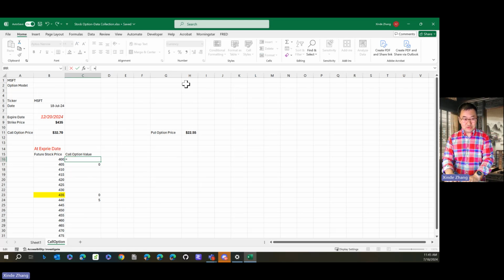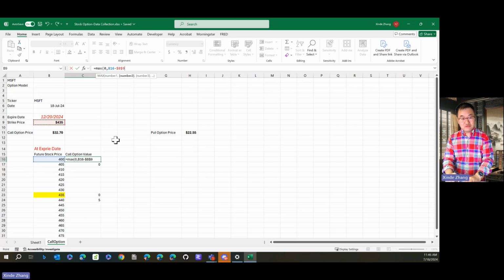So I'm going to put into the formula that the option value should be the maximum of either 0 or the difference between the stock price and the strike price. And the strike price needs to be an absolute reference.